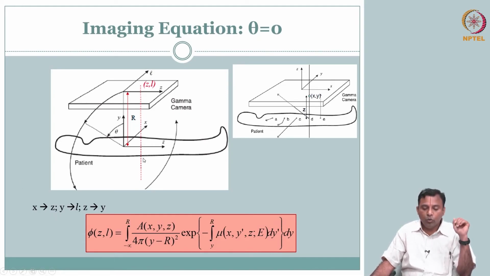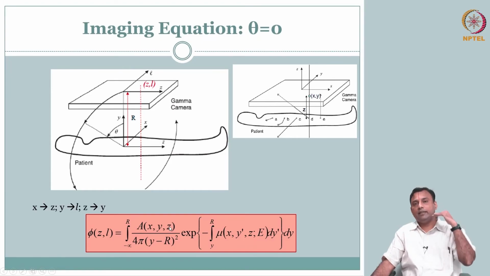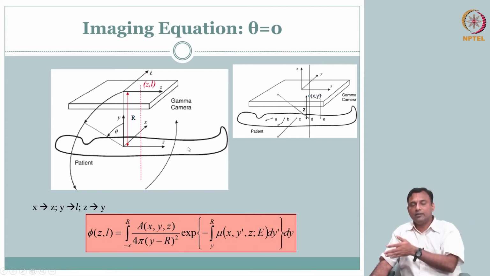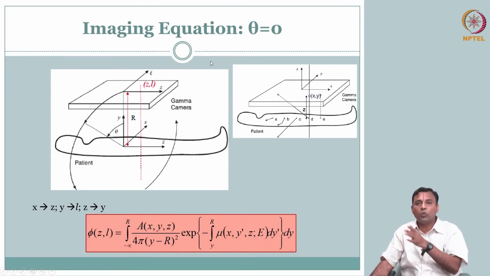What we need to do now, our objective, is eventually to get tomographic slices. That means A of X comma Y comma Z, I am not really interested in, since each slice is different. I want one SPECT image or PET image, which is one slice.